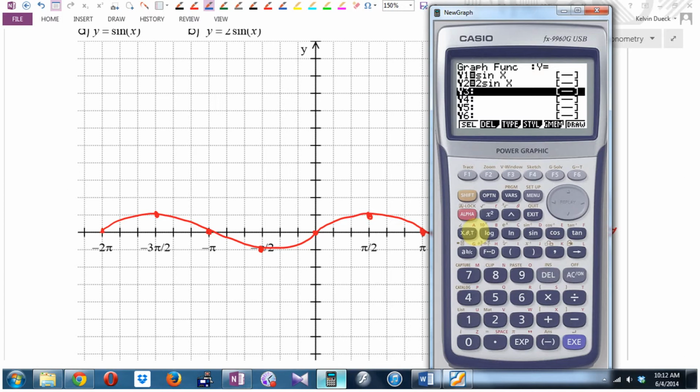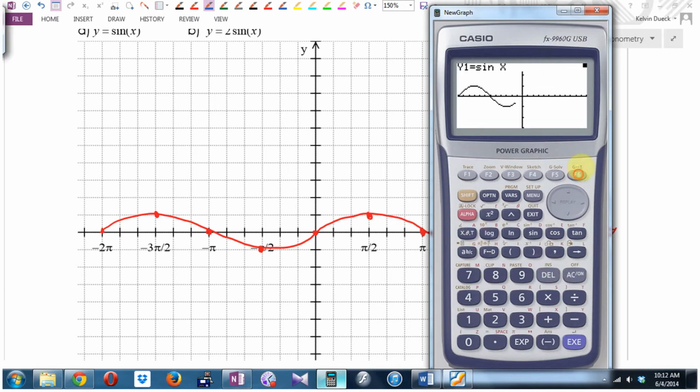What's the difference here between these two graphs? What does that 2 do? I'm going to argue, Foster, same shape, S-shaped, except how high? What's the amplitude? Count. You got your graph? What's the amplitude? 2. Why would the amplitude be 2?